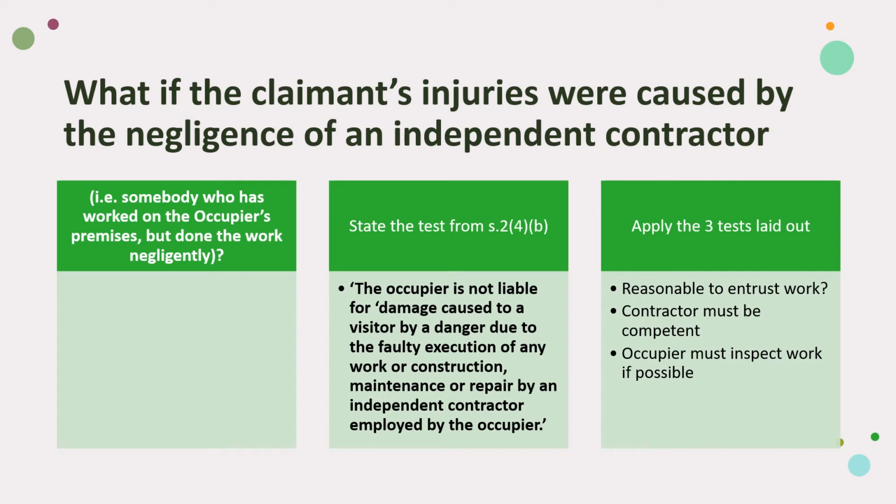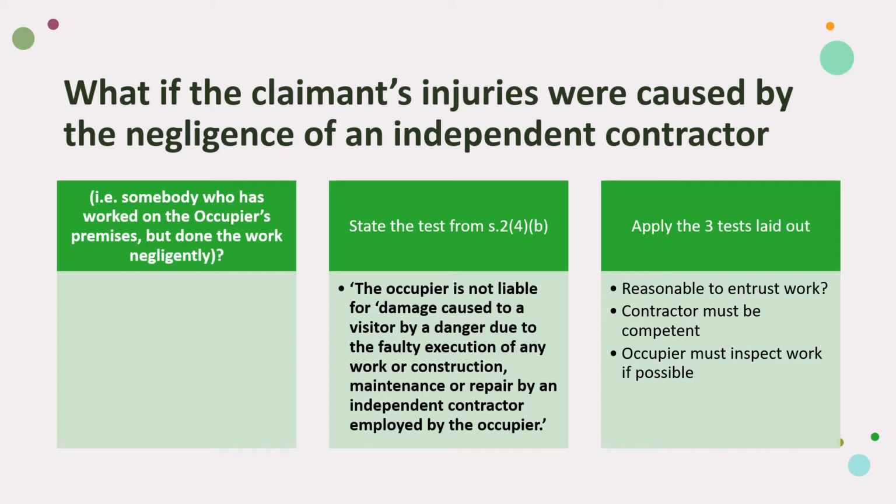And finally, the occupier, if possible, must inspect the work. Now, there are certain things which you could inspect. Faulty wiring, you could inspect; carpet fitting, you could inspect; how stairs have been built, by maybe stepping on them, for example. And again, you need to analyse in your situation, did the occupier inspect the work?